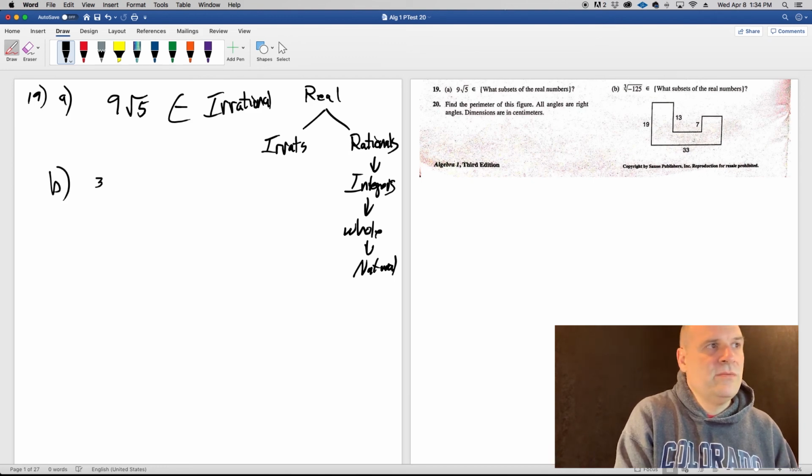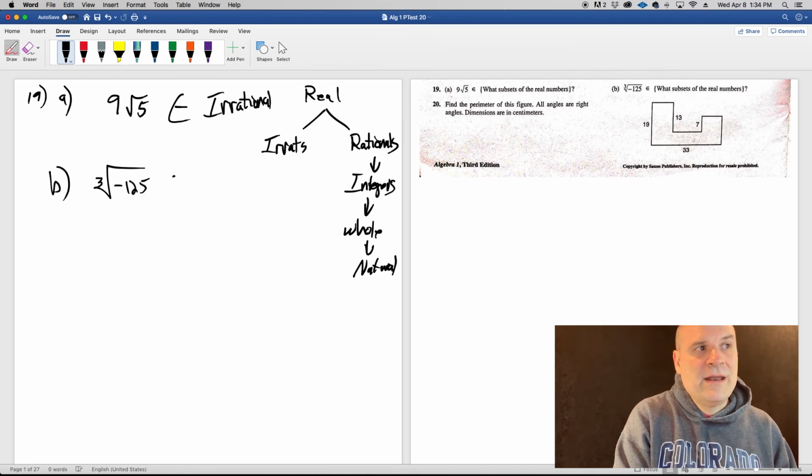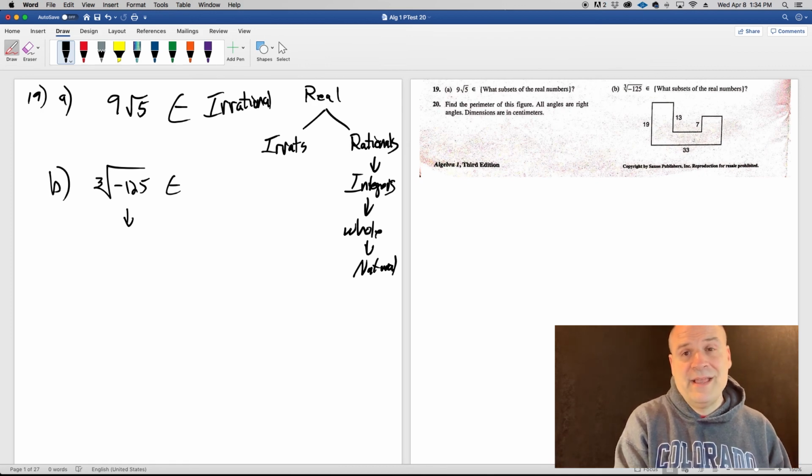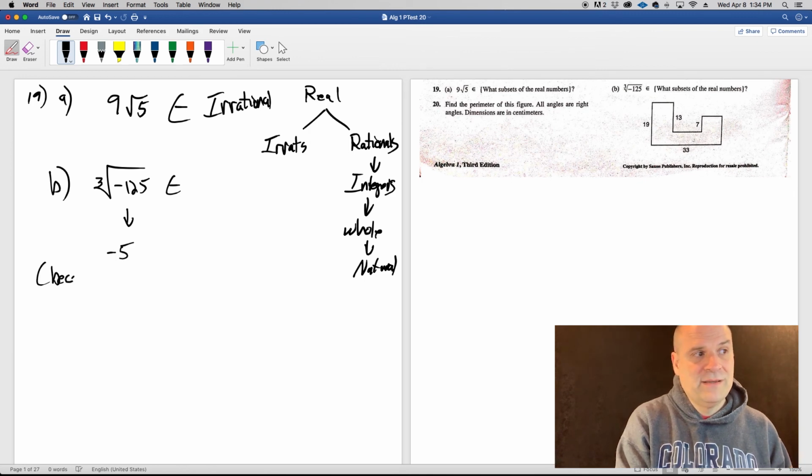B is the cubed root of negative 125. Well, there is a radical there, but the first thing you should always check is to see if you can simplify that radical. Well, you can actually take the cubed root of negative 125. It's just negative 5. Because what happens when you multiply negative 5 times itself 3 times?